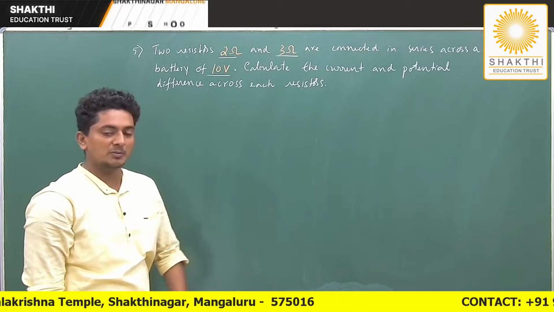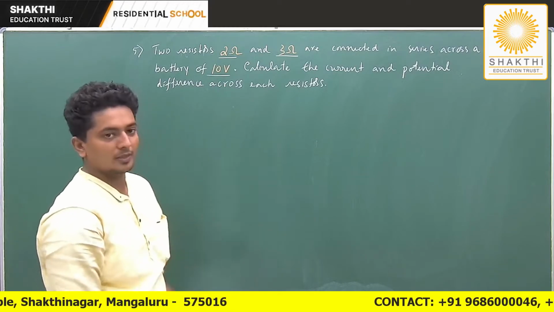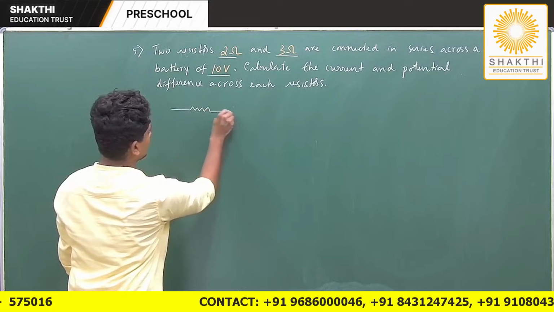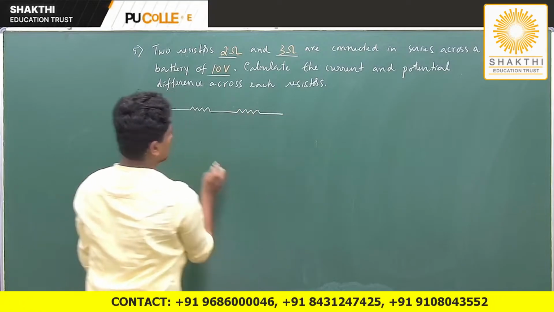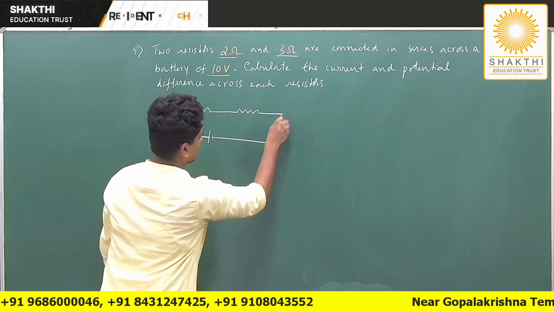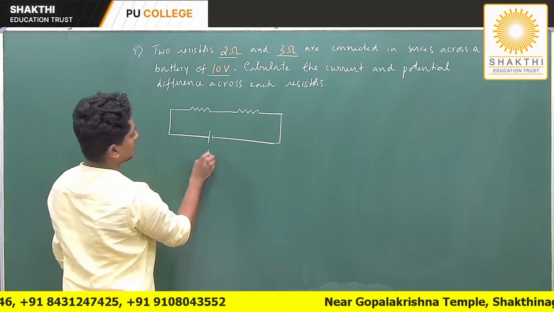Just to understand it better, I will draw the circuit. So this is my resistor 1, R1. This is my resistor 2, R2. It is connected across a battery whose potential difference is 10 volt.